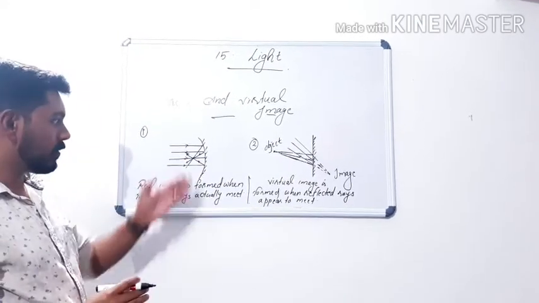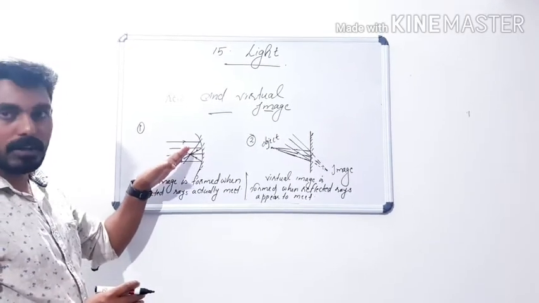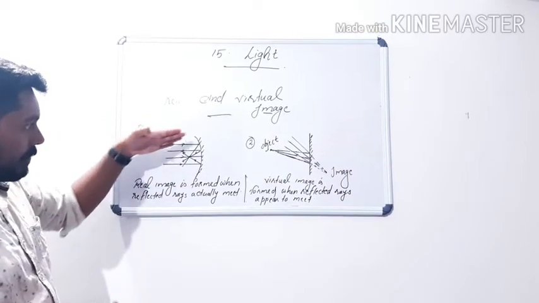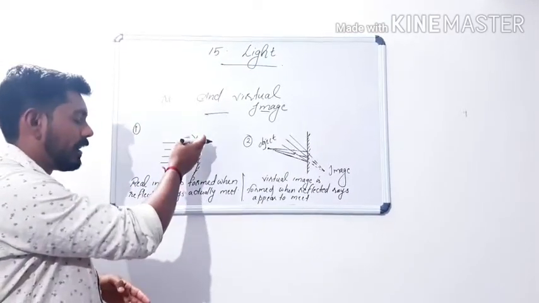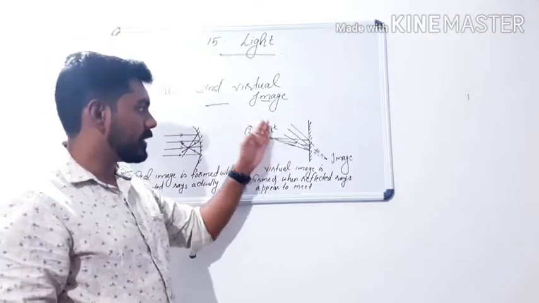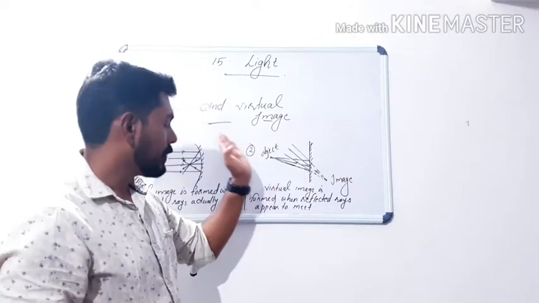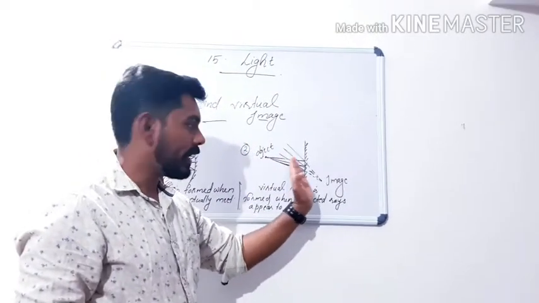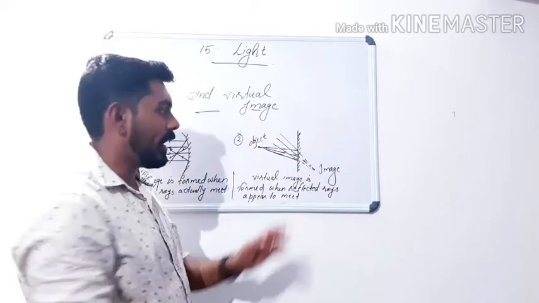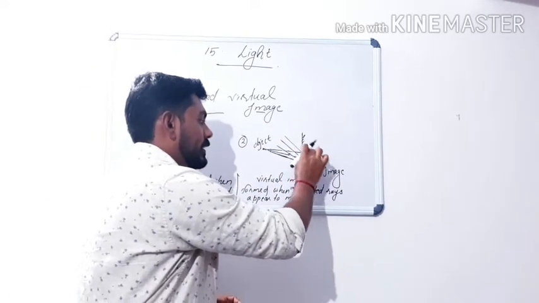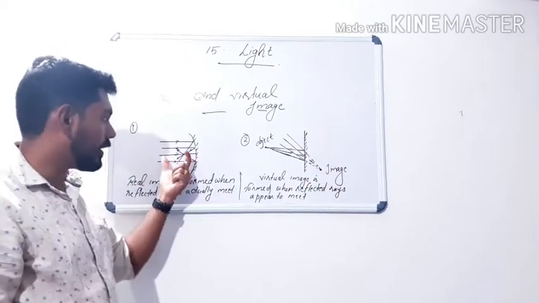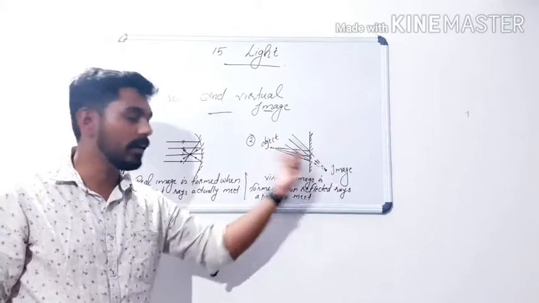In the second scenario, all the incident rays strike the surface and are reflected back, and here you can see that they appear to meet at a point. Here they actually meet at a point, and here they appear to meet at a point.